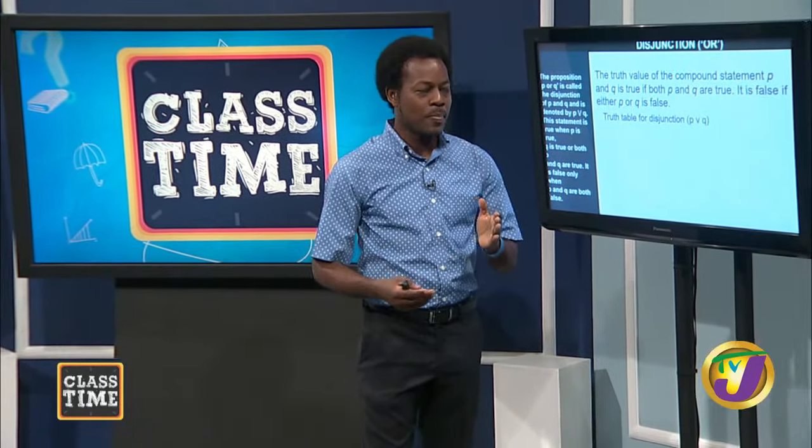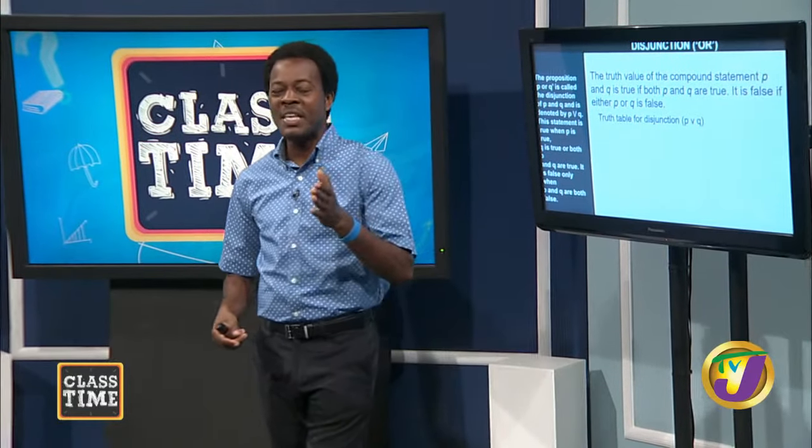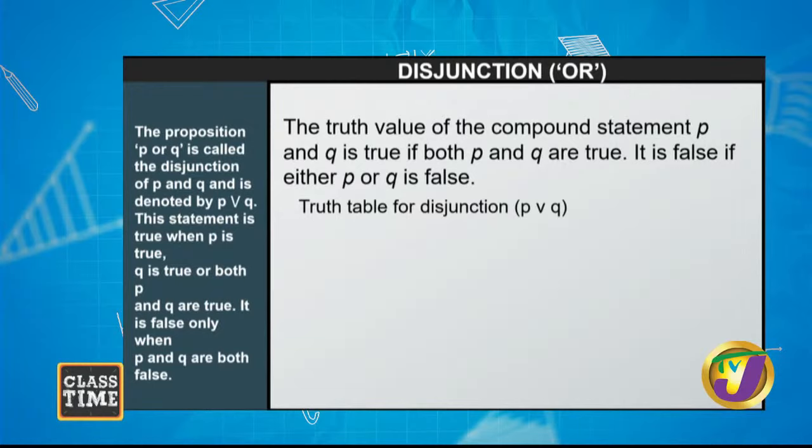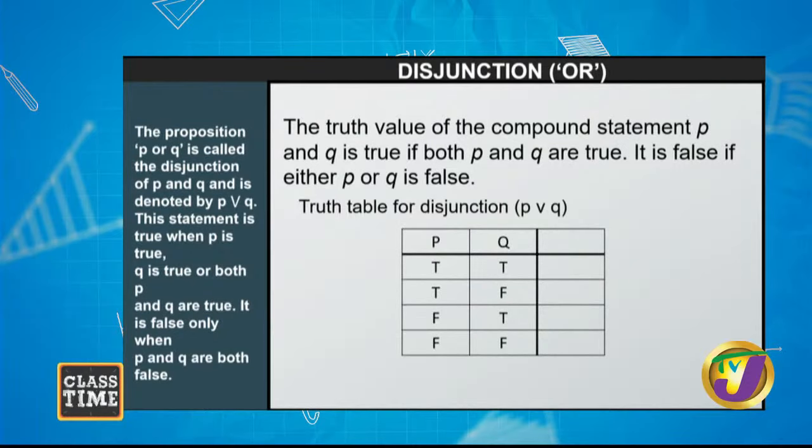When you use the word or. So it is true when both P and Q are true, or P is true, or Q is true. Otherwise, it is false. So let's use a truth table to help you get a better understanding.